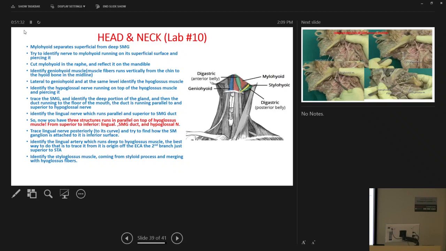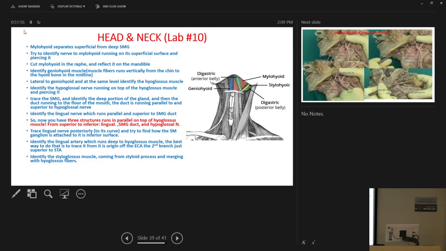So what I want you to do today, I would like you to cut this anterior belly of the digastric and then flip it to the back. Then this is your mylohyoid, coming from that mylohyoid line on each side and coming all the way to the hyoid bone, as the name suggests.